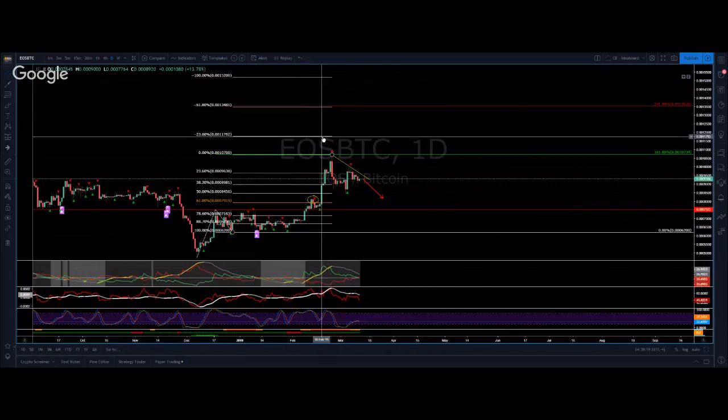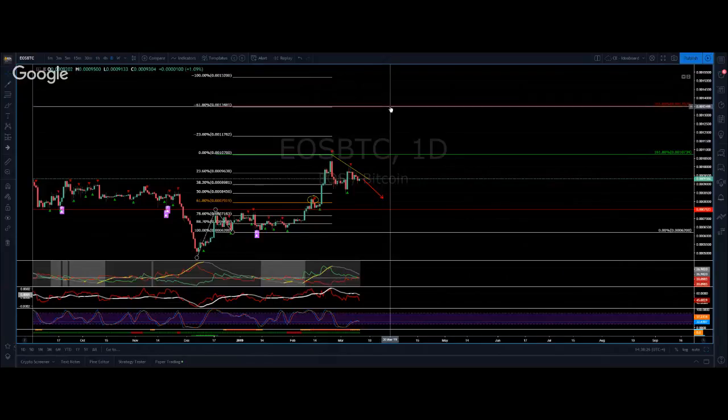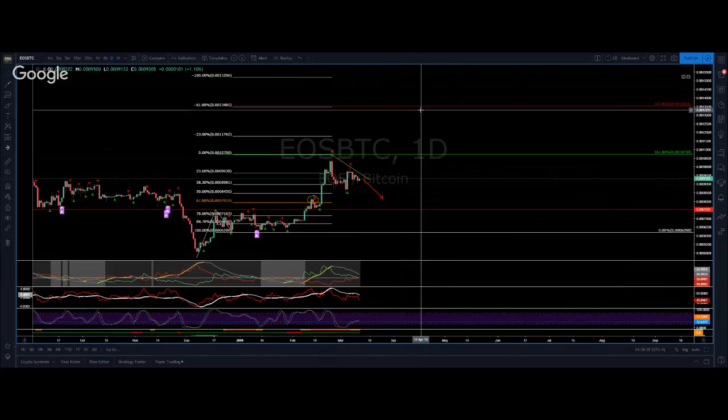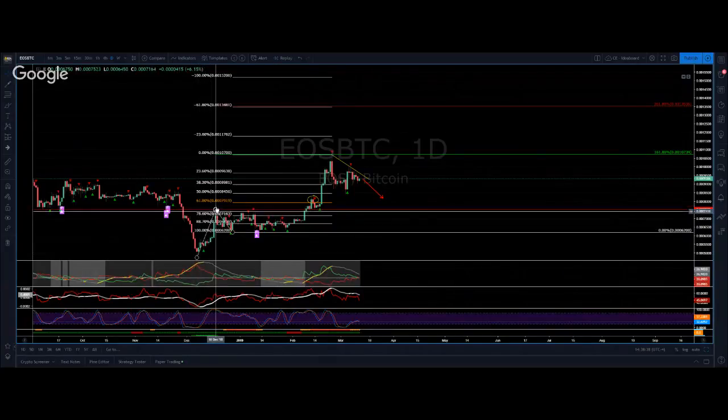I would expect this wave 5 to go to either a 236 extension or a 618 extension. And if you take a look, the 618 extension falls almost perfectly in line with the 2618 extension of wave 1. So we're looking at the wave 1 retrace.